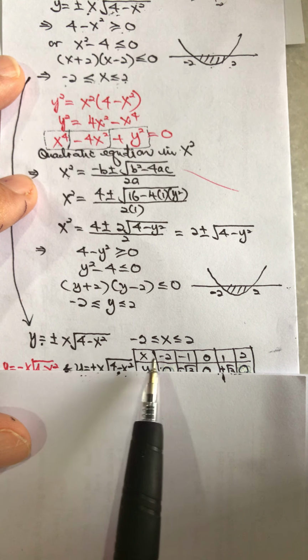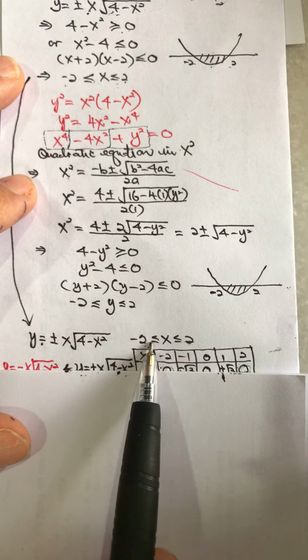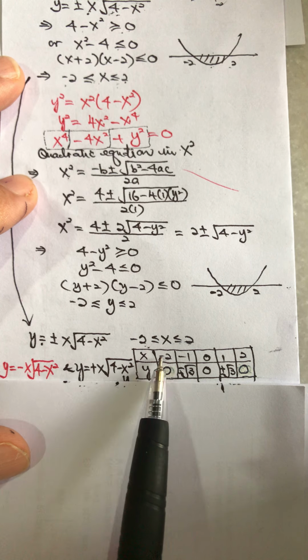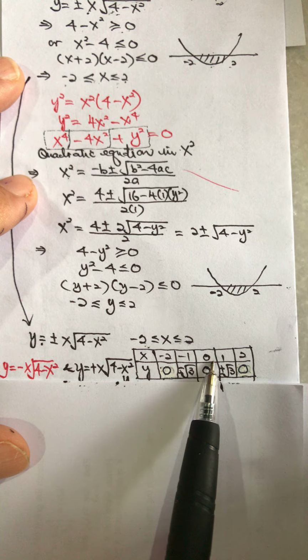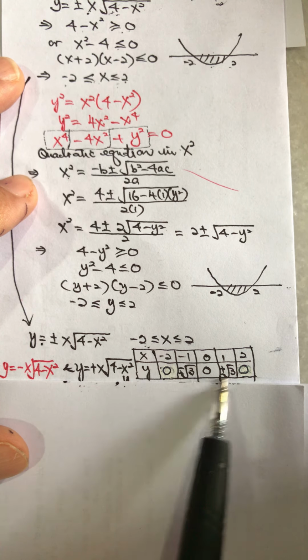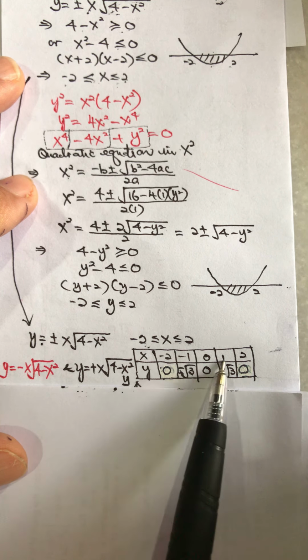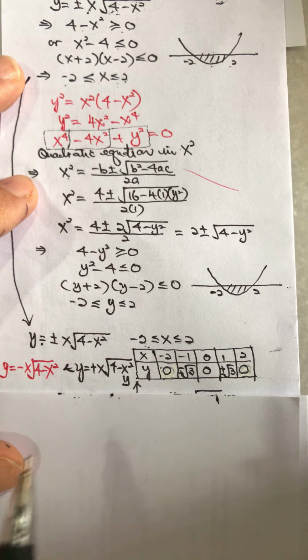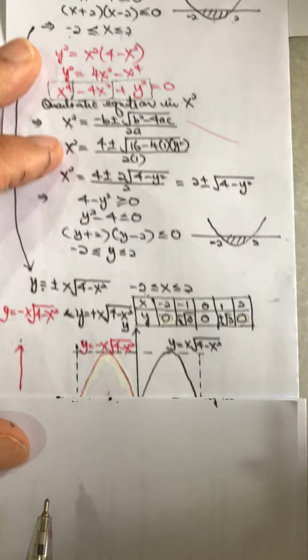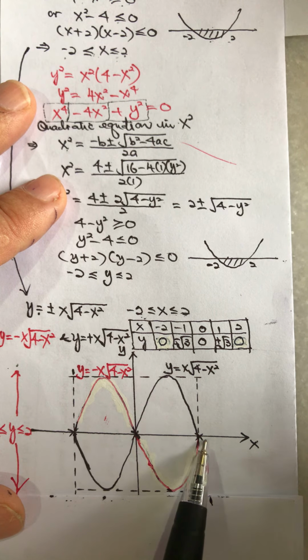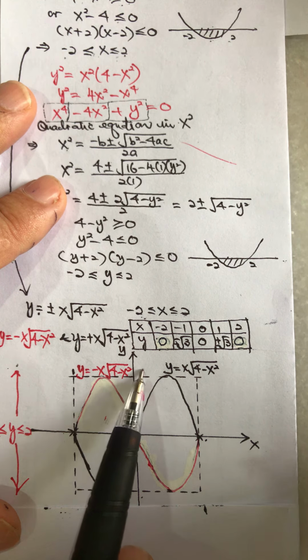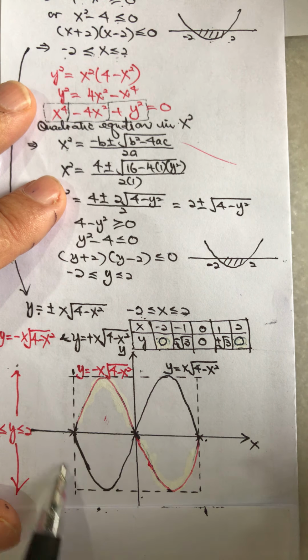If you see a square root, you can substitute the values, because here we have only 5 values to substitute. So you substitute one by one. I find 5 for you. After I substitute, I sketch the graph. I know already the domain is from -2 to 2, and y also from -2 to 2. That means it won't go out of this area.